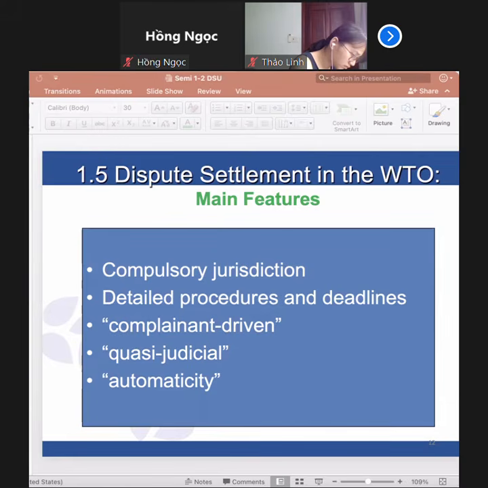It is also a very special point when we talk about the dispute settlement system of the WTO, and also about quasi-judicial, as I have mentioned earlier. Normally at the international level, an international court provides only one chance for a case to be examined.